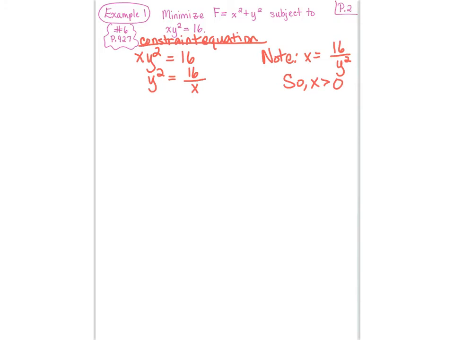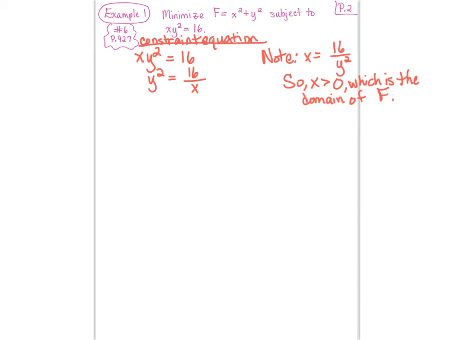Because for all values of y, this number is always going to come out greater than 0. So x is greater than 0, which is the domain of f.